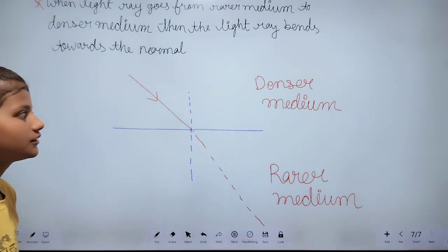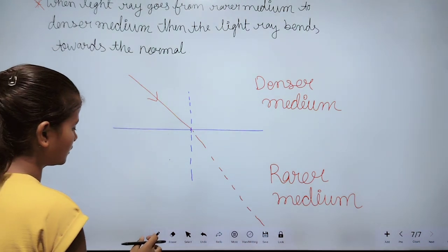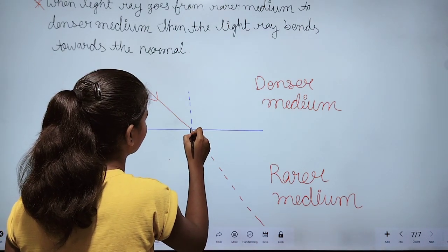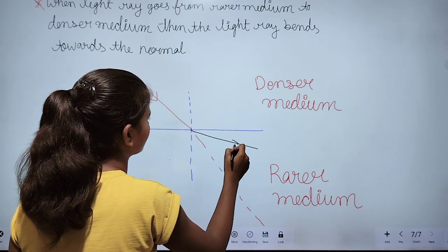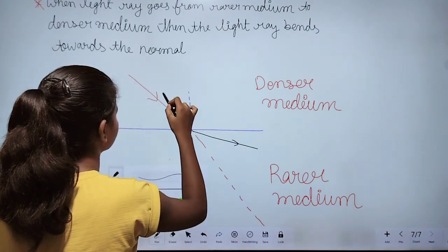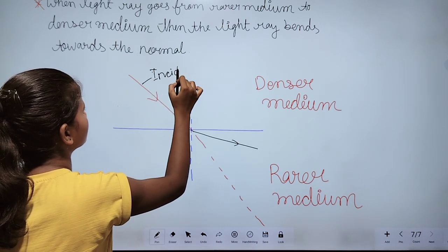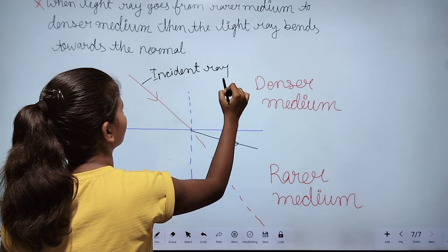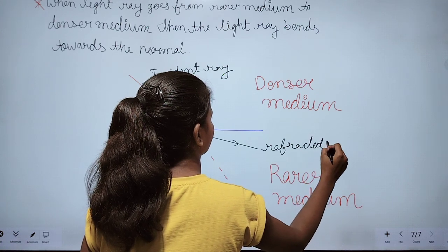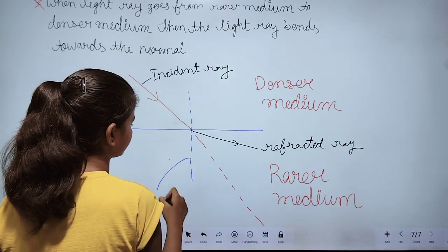When the light ray goes from denser to rarer, the light ray bends away from the normal. This one is our reflected ray, this one is the incident ray, and this one is the normal to the point of incidence.